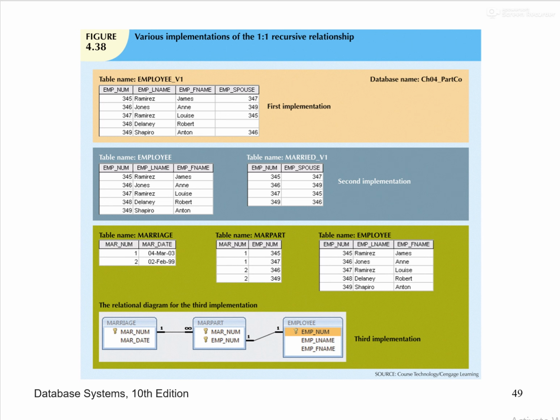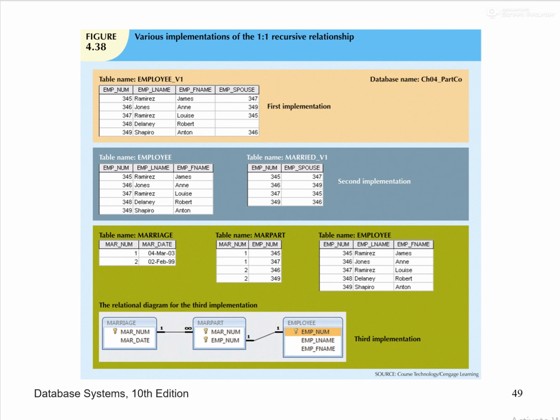Now here we show three different ways of implementing such a recursive one-to-one relationship. In the first solution we have a single table where we have employee number, employee last name, first name, and then employee spouse number. So employee spouse represents the employee to which a particular employee is married.